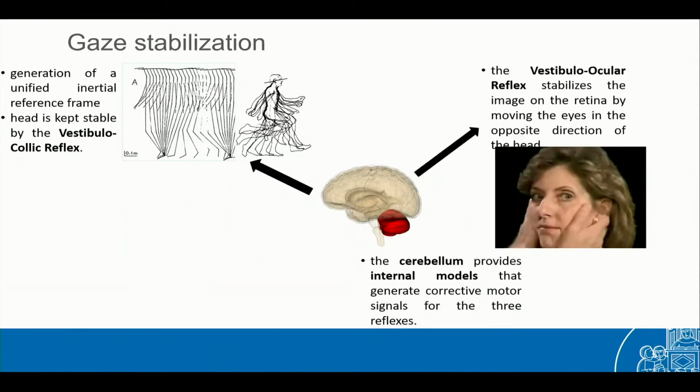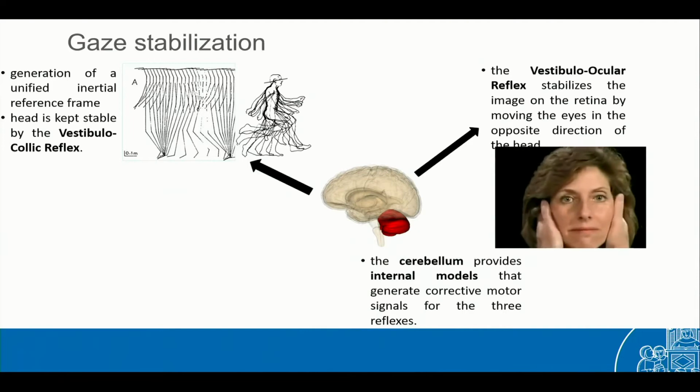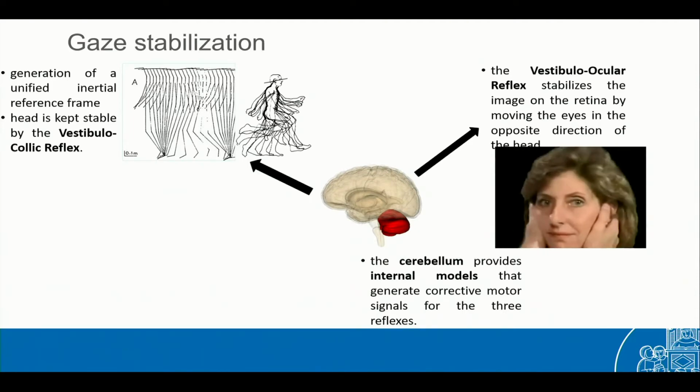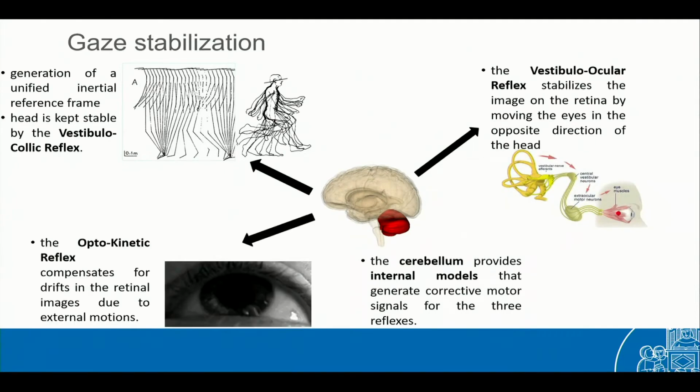We integrate this vestibulocollic reflex with the vestibulo-ocular reflex that I showed you before in order to have a complete model of gait stabilization. And we also integrate another reflex of the eye, which is called the optokinetic reflex. This kind of reflex compensates for drift in the retinal image that happens due to external motion.